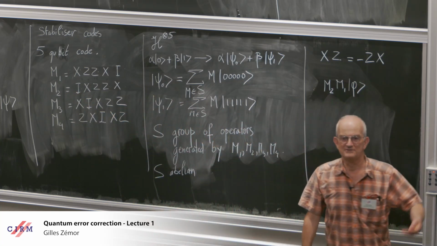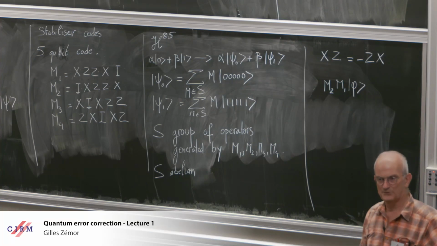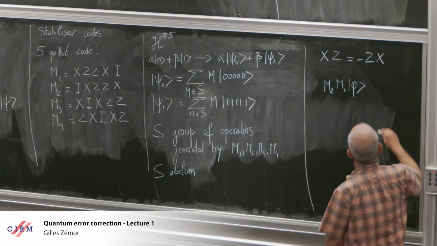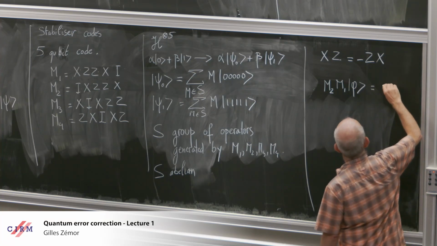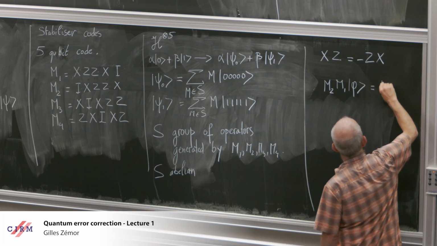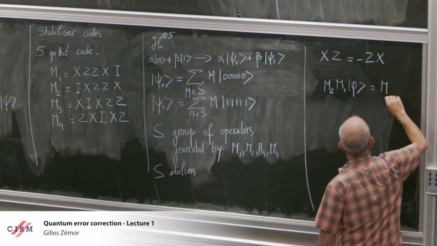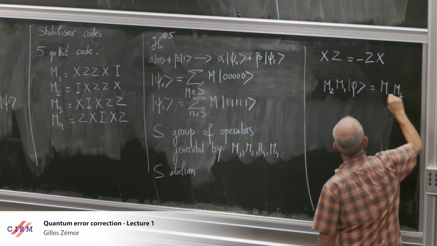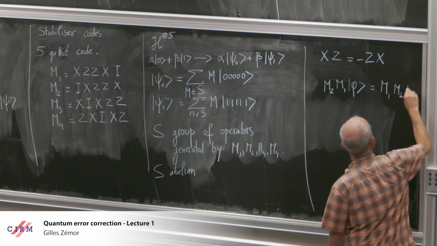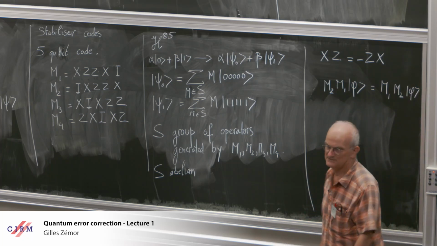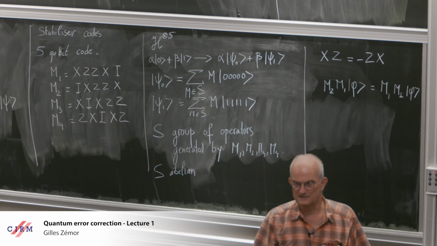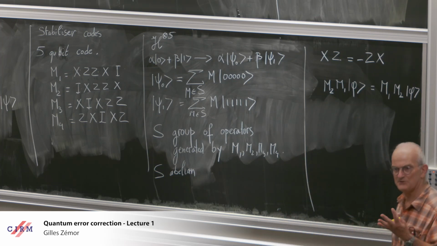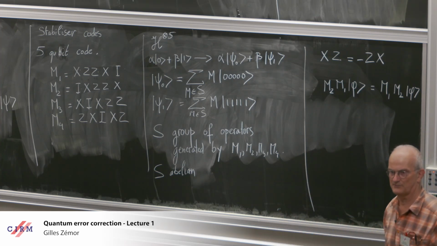And then to this new state, you apply the operator M2, you will always get the same result as applying first M2 and then M1, for any state phi. It's commutation for composition of operators.